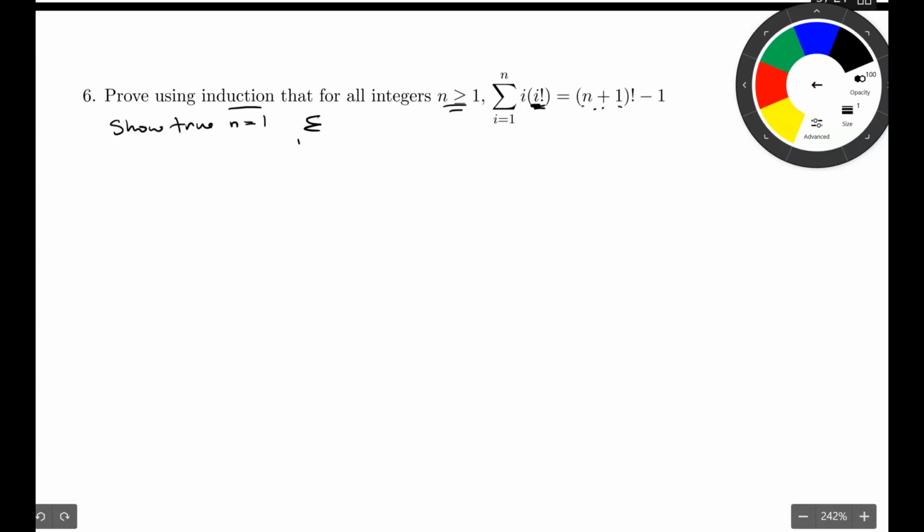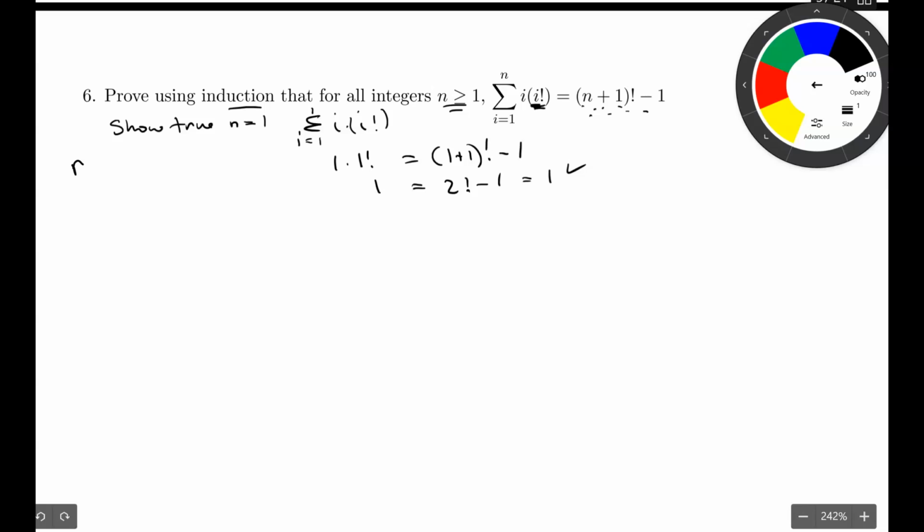So I want the sum from i equals 1 to 1 of i times i factorial. If I plug in 1 here, I get 1 times 1 factorial. On the right-hand side, I have 1 plus 1 factorial minus 1. So this gives me 1, and this gives me 2 factorial minus 1, that's 1. Check.